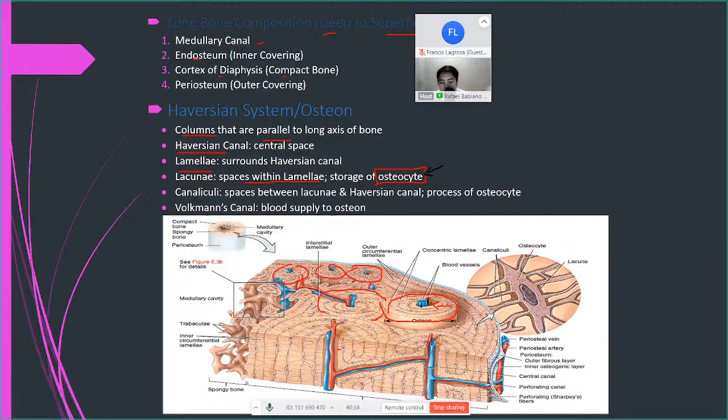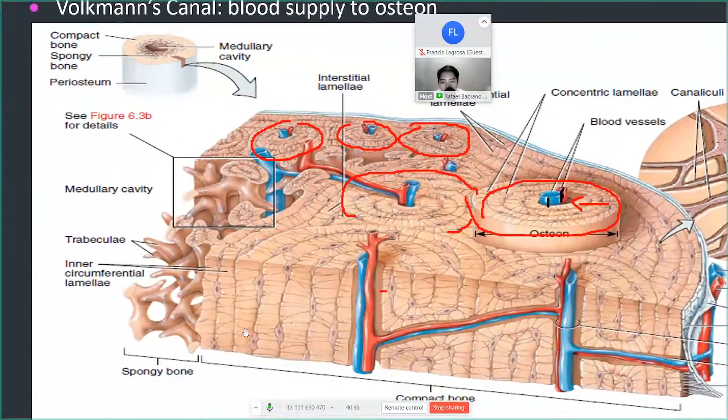For example, this lacunae right here, these black dots. They don't have their own blood supply there because the blood supply is here in the middle. So how do they get blood supply? Through their canaliculi. These fibers, these small hair-like lines, run towards the central canal, towards each other, and also from the central canal.